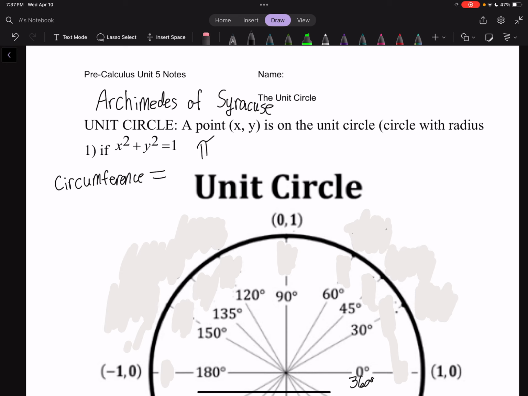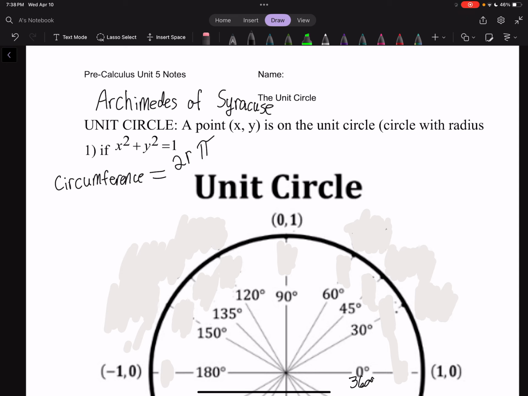And here's what he found. And the backstory is he uses polygons to find it. But he found that if you had pi, and you multiplied pi with 2 radii, therefore a diameter, okay, that you would get the circumference.